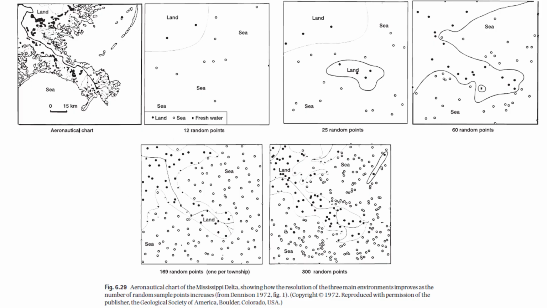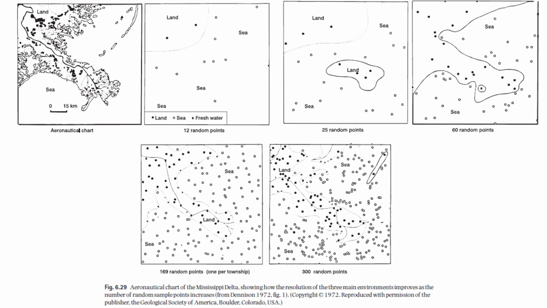If we look at 6.29, such as here, you can see that we have this aeronautical chart of this Mississippi River Delta. Now, if we do 12 random points of observation, we see a few areas where there's land and a few areas where there's sea. If we add 25 random points, we see what looks like an island offshore of this main body of land.